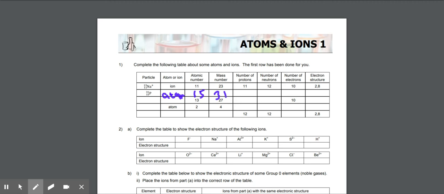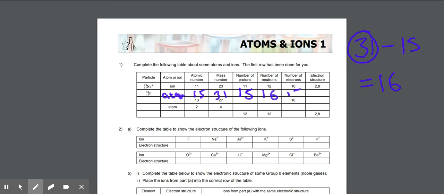Number of protons. So the number of protons, I said, is the same as the atomic number. Okay, so that will be 15. Okay, so neutrons, how do you work that out? So we know that the mass number is 31, and then you take away the 15, because this number is telling you the number of protons and neutrons. So when you work this out, you should get 16. Okay, so the number of neutrons in this phosphorus is 16, and then electrons, because it's an atom, it would be the same as the atomic number.